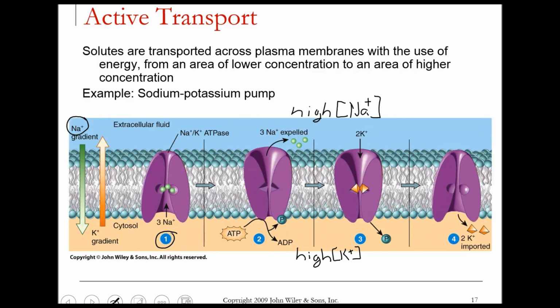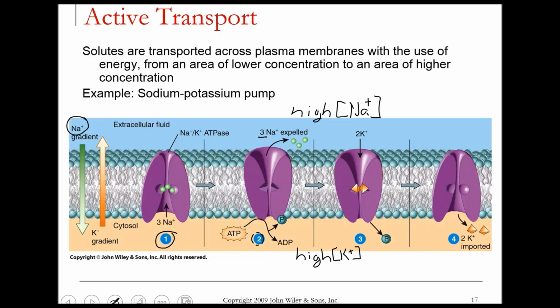We see that we have a transmembrane protein that will allow 3 sodium ions to bind to it. Then in step 2, we add a little bit of energy from ATP that changes the shape of the protein, and the 3 sodiums are expelled to the extracellular fluid.